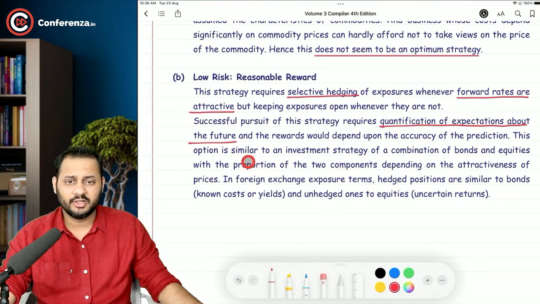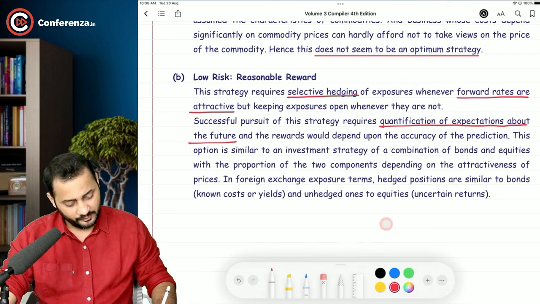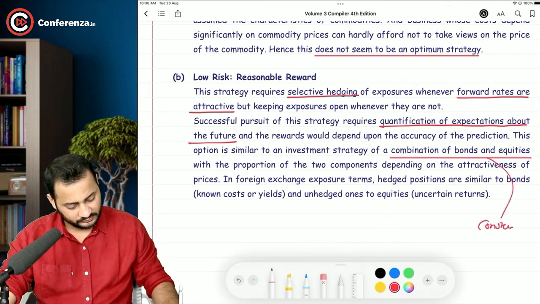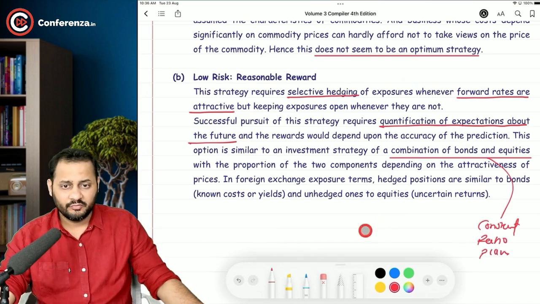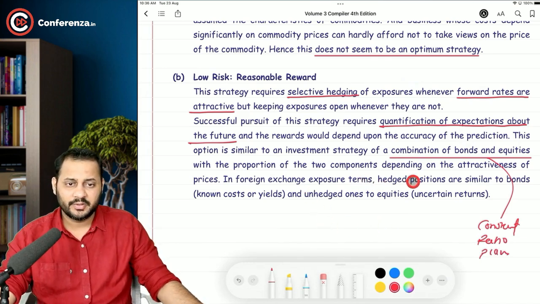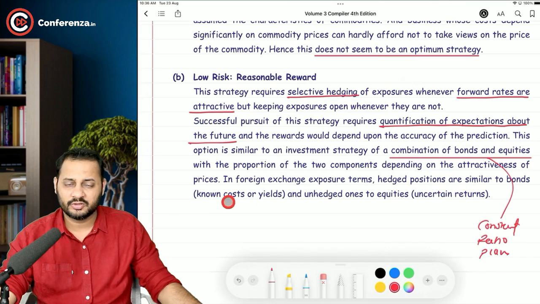This option is similar to an investment strategy of a combination of bonds and equity. Combination of bonds and equity. Do you remember the constant ratio plan? With the proportion of the two components depending on the attractiveness of the prices. In foreign exchange exposure terms, hedged positions are similar to bonds and unhedged positions are equities.